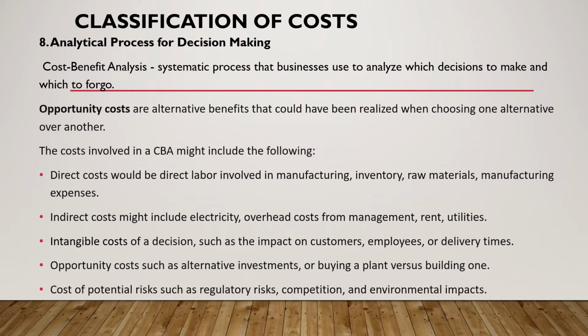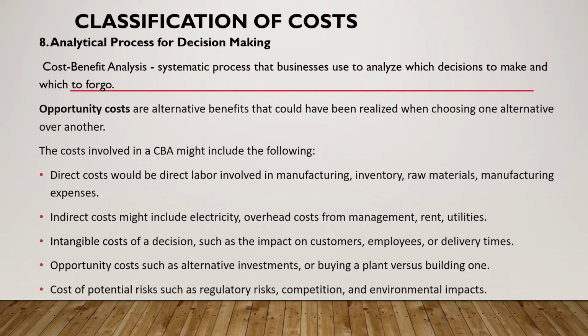Factoring in opportunity cost allows project managers to weigh the benefits from alternative courses of action and not merely the current path or choice being considered in the cost-benefit analysis. By considering all options and the potential missed opportunities, the cost-benefit analysis is more thorough and allows for better decision making.